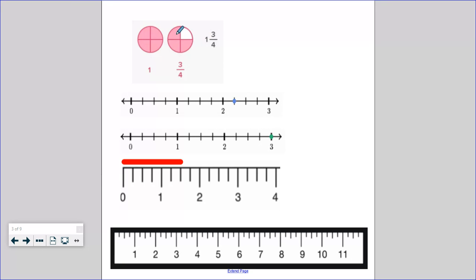And the second one has 3 of the pieces colored in, and the first one has all the pieces colored in. So this is 1 whole, and this one has 3/4 colored in. So in class we learned that this would be 1, 2, 3, 4, 5, 6, 7/4. But you can also write it like this. 1 whole and 3/4 is 1 and 3/4.